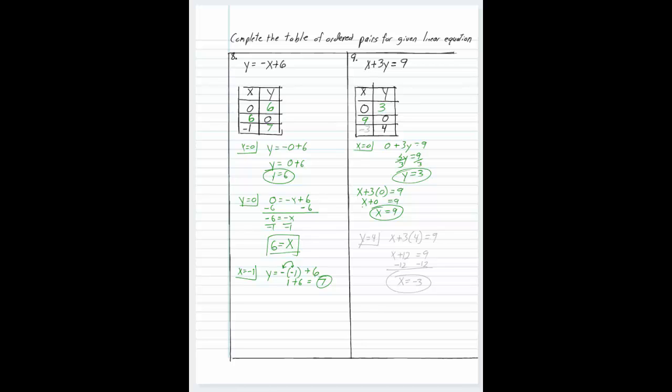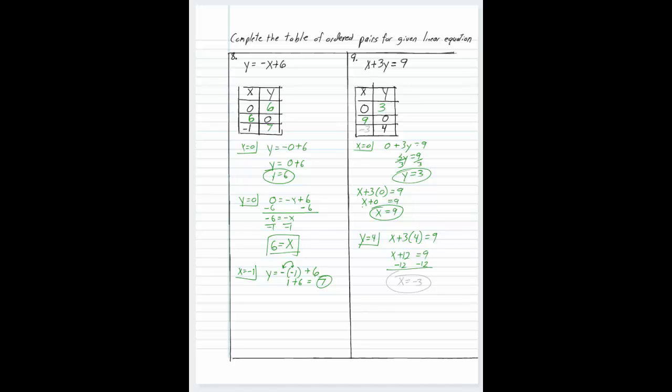Alright, number 10 is more of the same, but what we're going to do is graph. So first, I see y equals 1. Well, when y equals 1, we get x equals negative 2 times 1, which is negative 2. Next I see y is equal to 0.